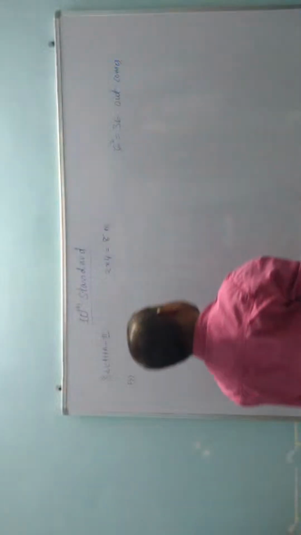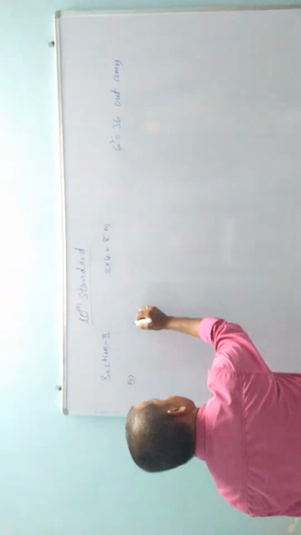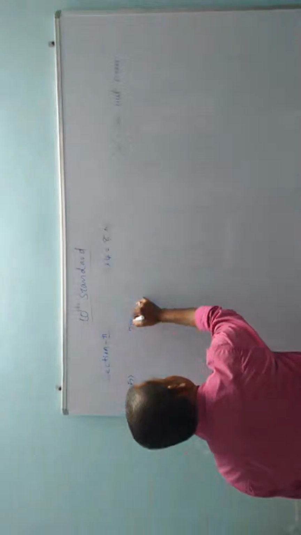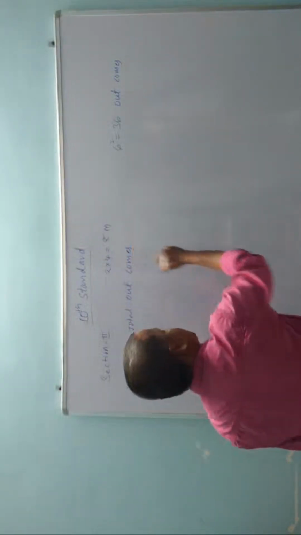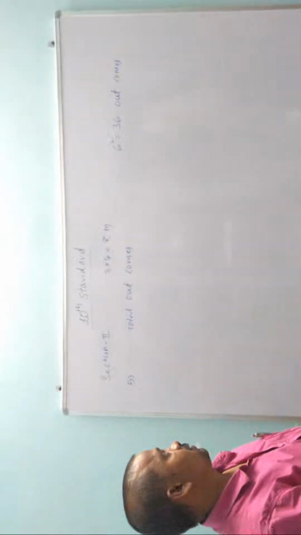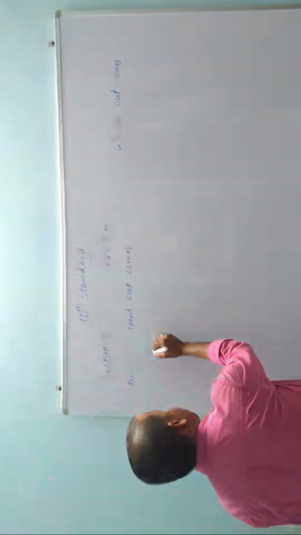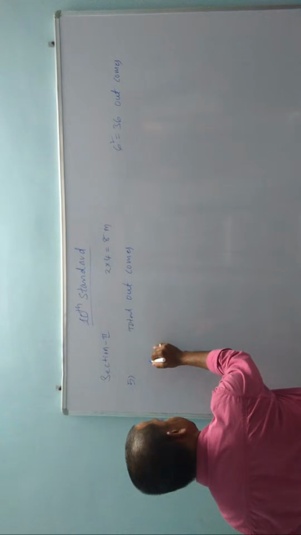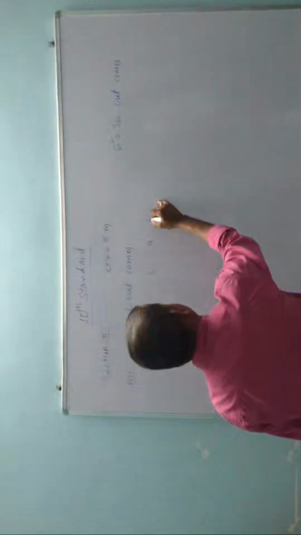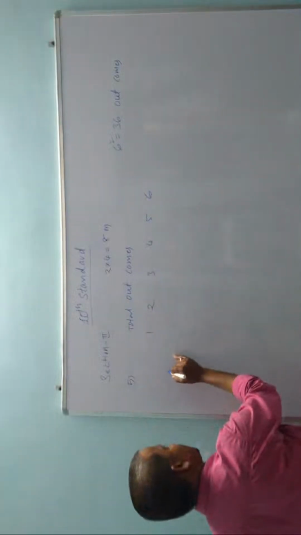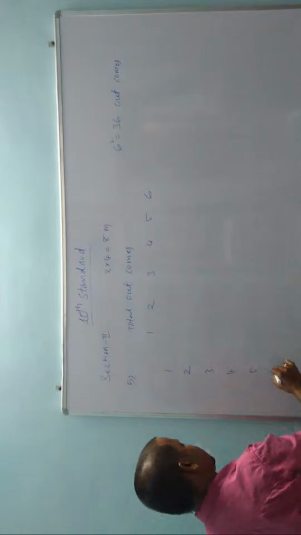6 square equal to 36 outcomes. You should remember this. Then let us write what the 36 outcomes are. So total outcomes. When we throw 2 dice at a time, the outcomes are 1, 2, 3, 4, 5, 6 here and 1, 2, 3, 4, 5, 6 here.